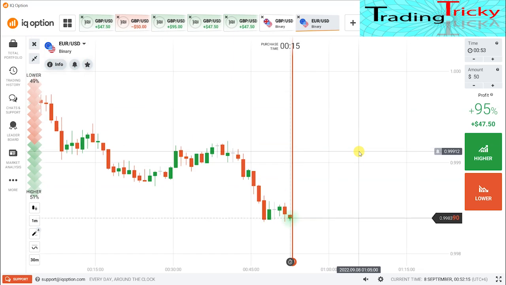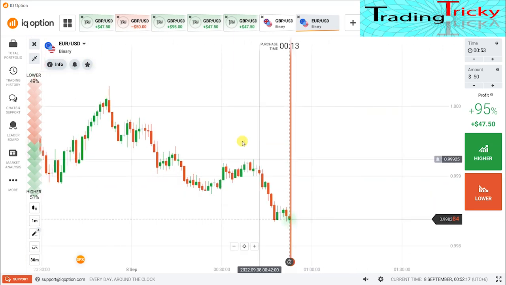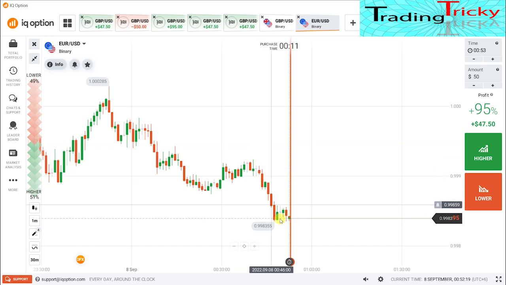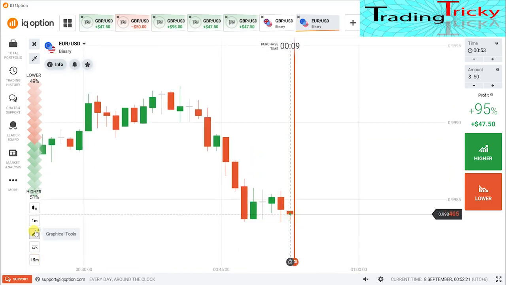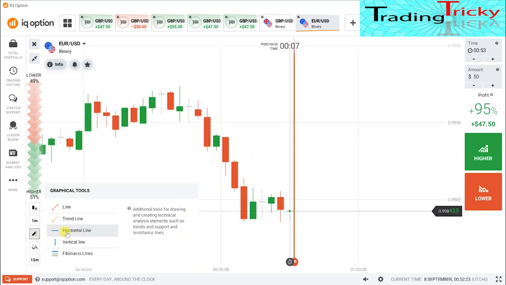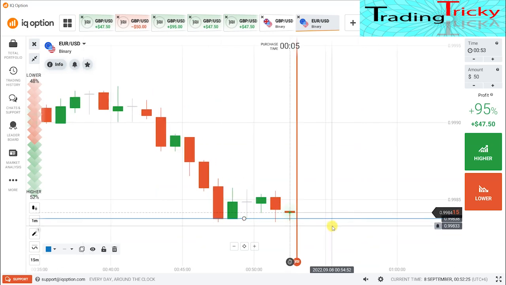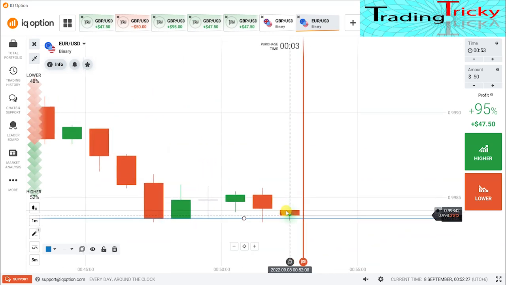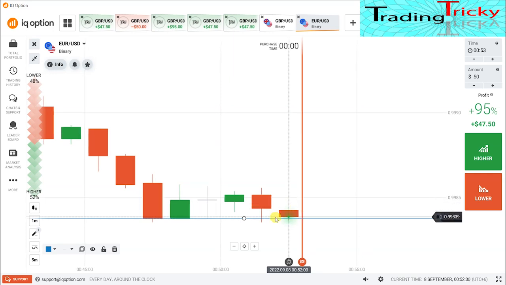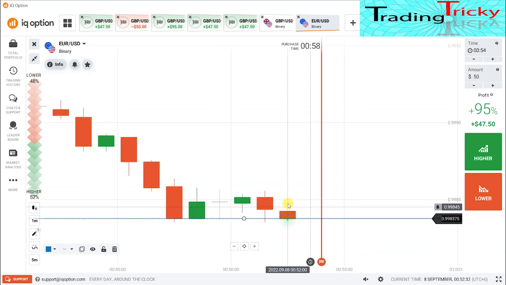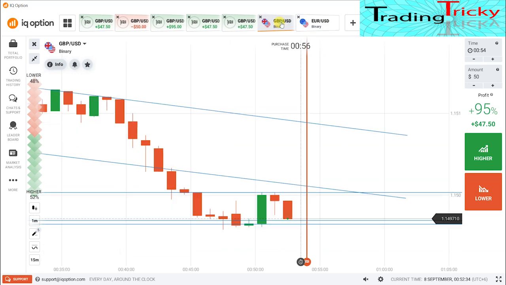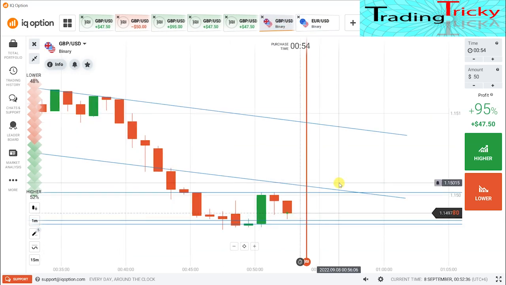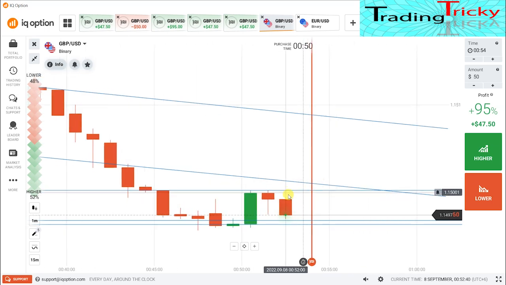So this is almost the same situation. Sellers are entering. There is a gap to this level, so the gap might be filled. And no, there is no gap down, only a few pips here. Okay, direct sellers entry from here.